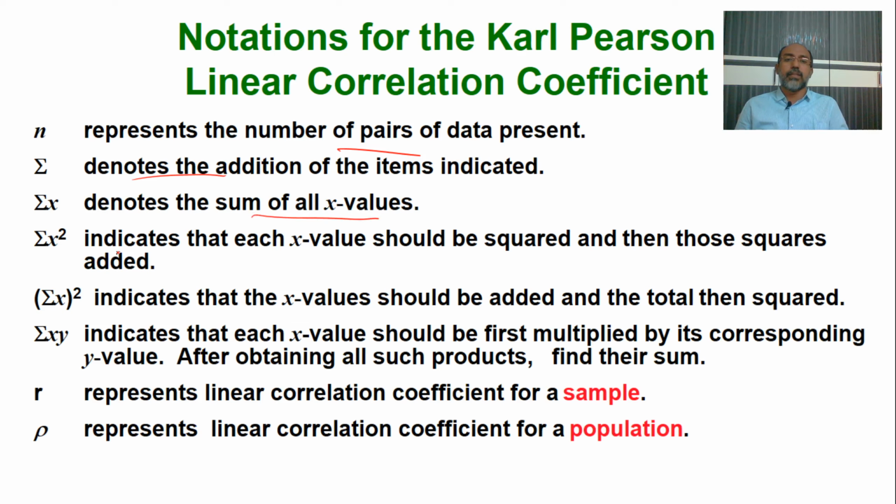Sigma x square indicates the x values should be squared first and then summated. So sigma x whole square: the difference between sigma x square and sigma x whole square is that first the summation is taken, then it is squared. So the sum of all x values is taken into consideration and then it is squared.